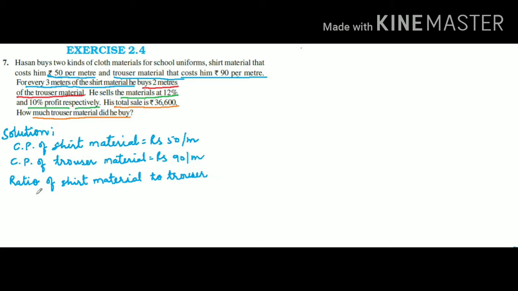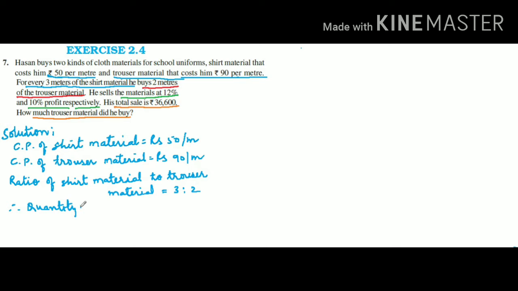It is also given that for every 3 meters of shirt material, he buys 2 meters of trouser material, means the ratio is 3:2. So we'll write ratio of shirt material to trouser material is 3:2. So the actual quantity of shirt material will be 3x and the actual quantity of trouser material will be 2x.